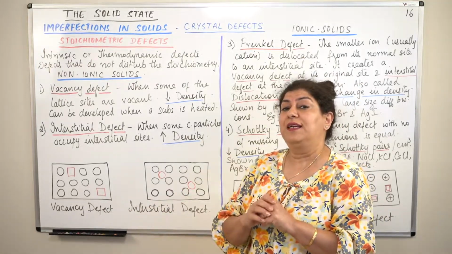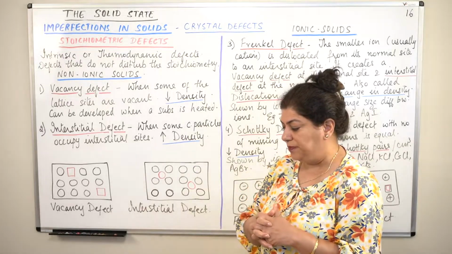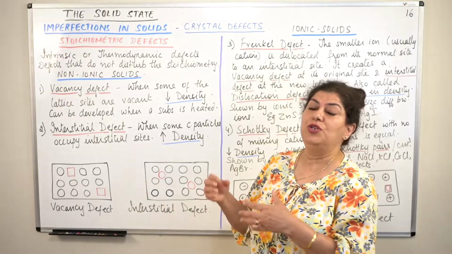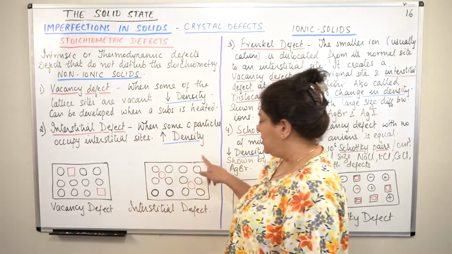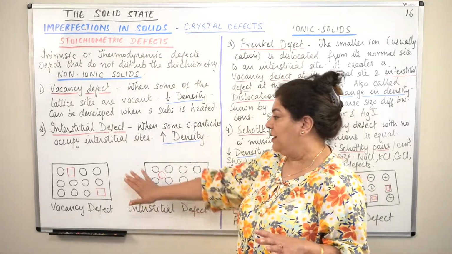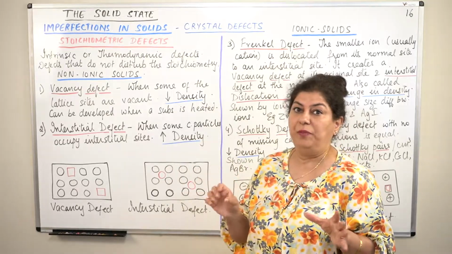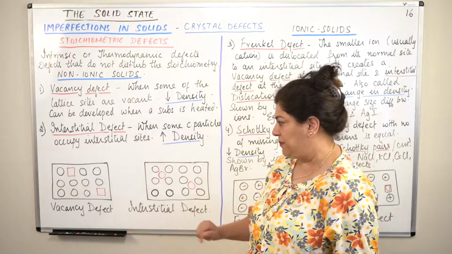How does a vacancy defect affect the density of the substance? What is density? Density is mass per unit volume. You already know this. Let us assume that both of these are exactly the same size. Although these two diagrams are not made to scale, imagine that they are both the same size.